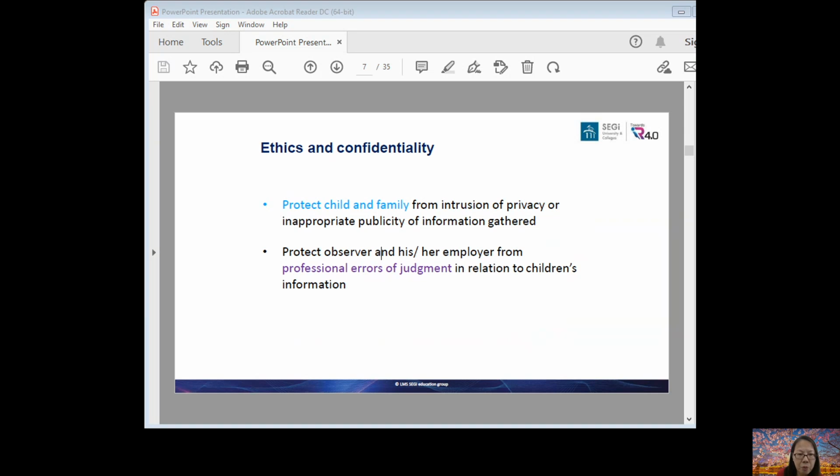We also do not want to simply publicize our findings about their child. Those are the ethics, because this information is confidential to the child, the parents and the observer, to help them. As an observer, you need to be protected too, in case you say something erroneously or unintentionally.